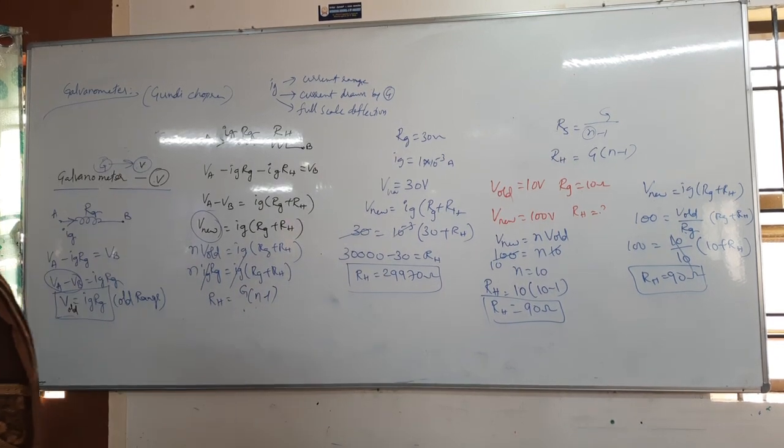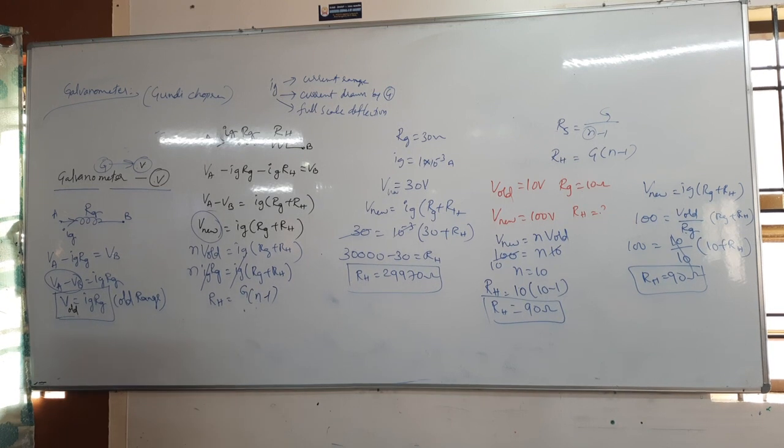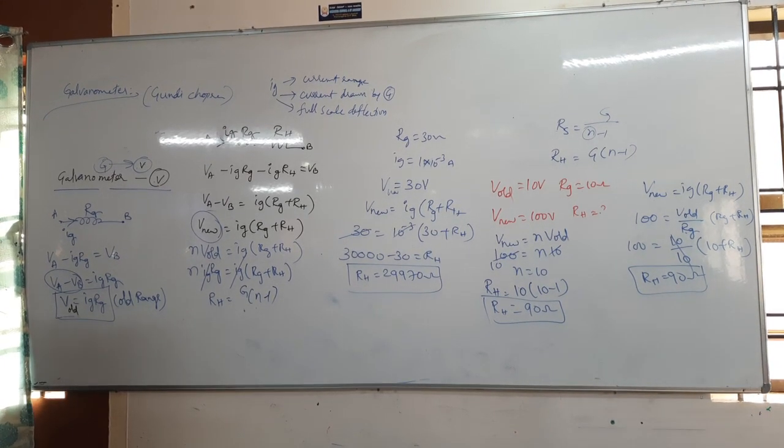Next problem. Do it fast. RG is equal to 100 ohms, and its current range is 10 power minus 5 amperes.